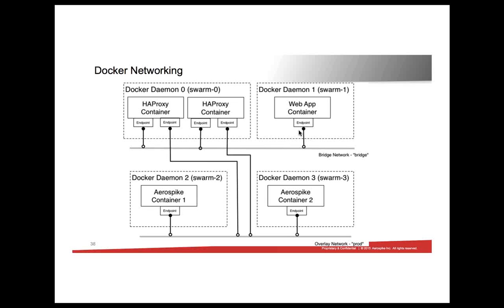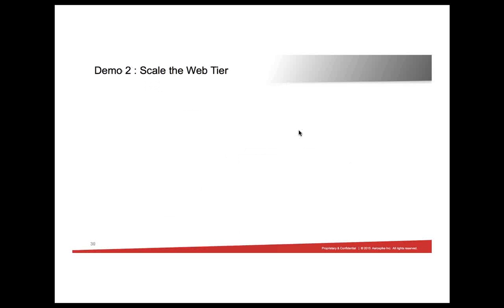And so you can now deal in a very simple way with adding additional nodes, because each container has a separate IP address, and therefore you don't have to do mangling of port numbers because multiple processes are running on the same host. So we'll be utilizing this new networking in the next part of the demo.